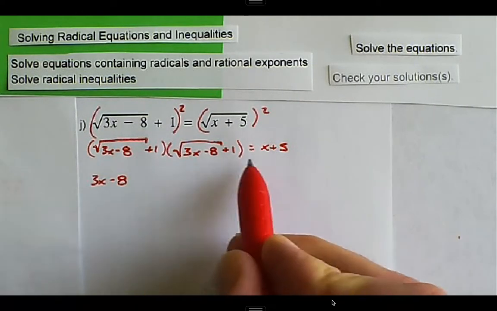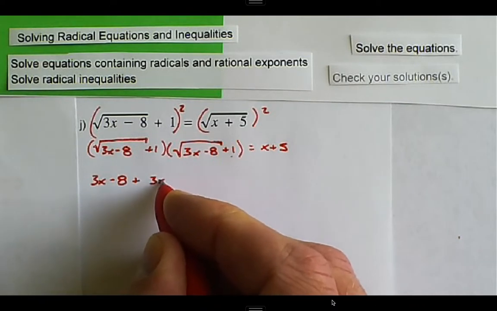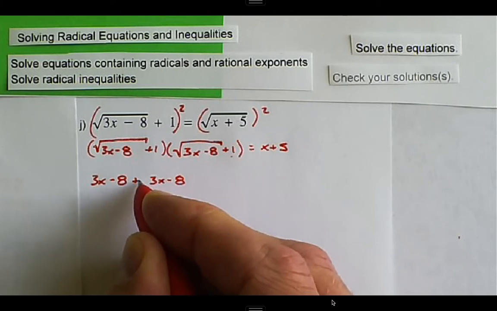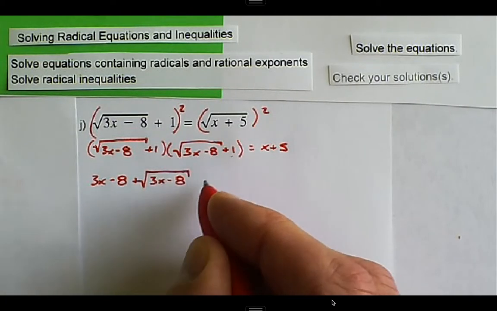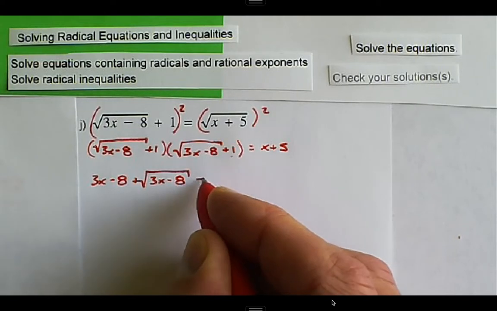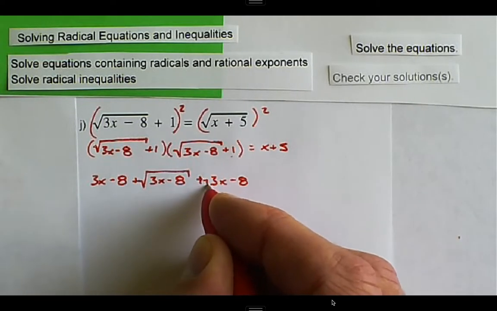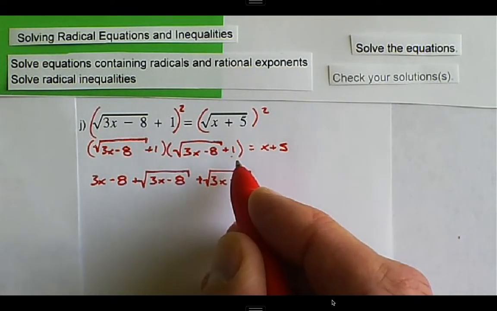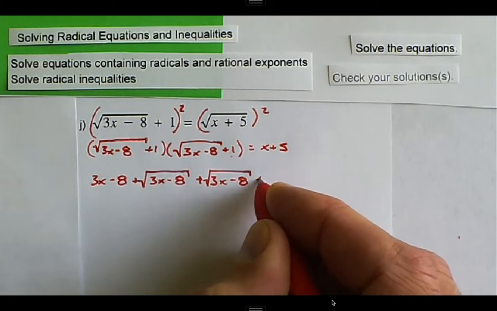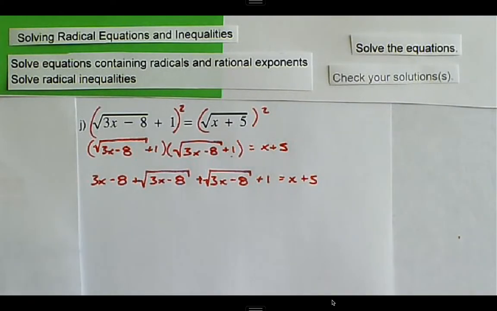The square root of 3x minus 8 times 1 is plus the square root of 3x minus 8. Same thing, 1 times the square root of 3x minus 8 is plus the square root of 3x minus 8. And then 1 times 1 is 1. And then the right side is still x plus 5.